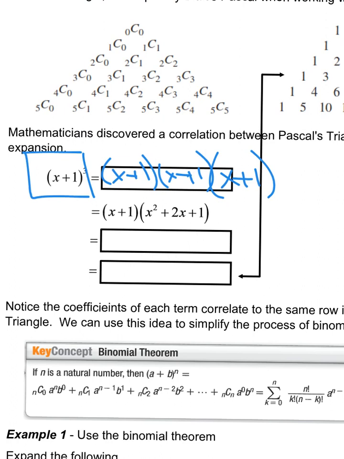So you wind up with x cubed plus 2x squared plus x squared plus 2x plus 1 after you distribute everything through, and you finish with x cubed plus 3x squared plus 3x plus 1 after you combine like terms.